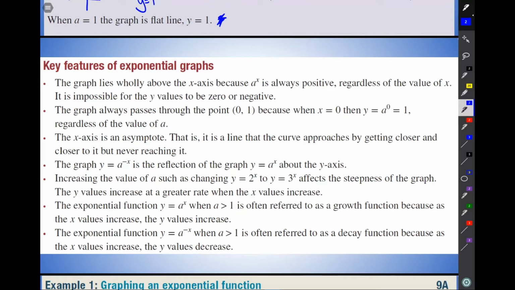Basically everything that's on this slide you also need to write down, because it's very common in the kinds of questions that you're going to be asked. You will often be asked to recall one of these features. Something like this first point would be a classic thing to put in a question: the graph can never be below the x-axis because the values are always going to be positive.